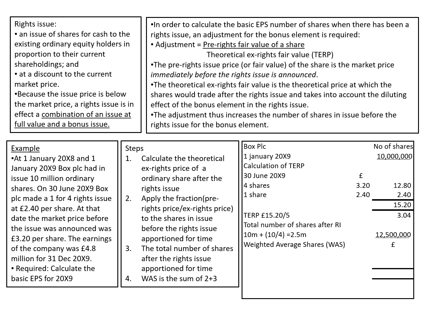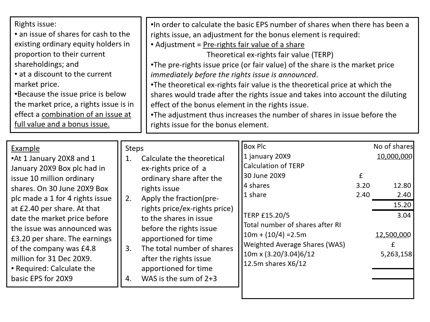So the weighted average number of shares at the end of 20X9 is 10 million, which is then adjusted by the pre-rights price and the TERP and apportioned for time, and that gives us 5.263158 million shares.